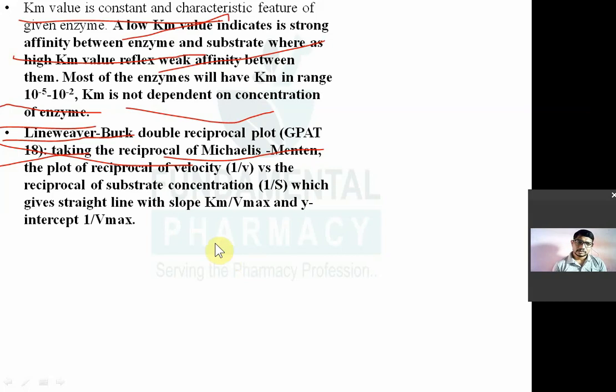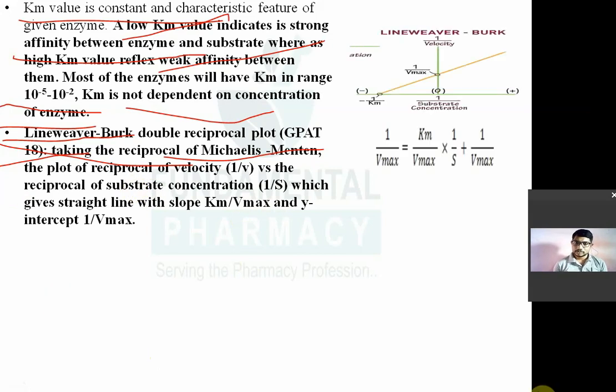So that's why this reciprocal plot or double reciprocal plot will give you an idea regarding the enzyme inhibition and all that. So you can see over here. If you take a reciprocal of your Michaelis-Menten equation, you will get such a kind of equation: 1 upon V is equal to Km divided by Vmax into 1 upon S plus 1 upon Vmax. Likewise, this is known as a Lineweaver-Burk double reciprocal plot.